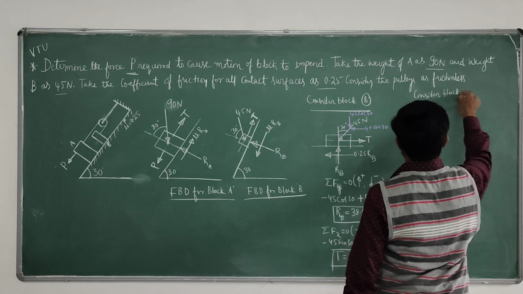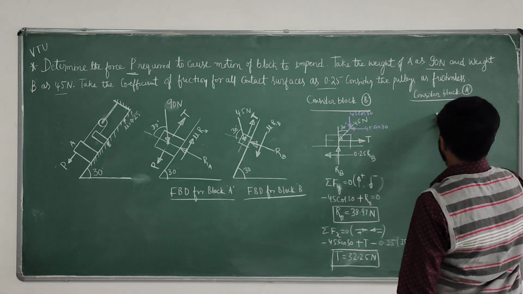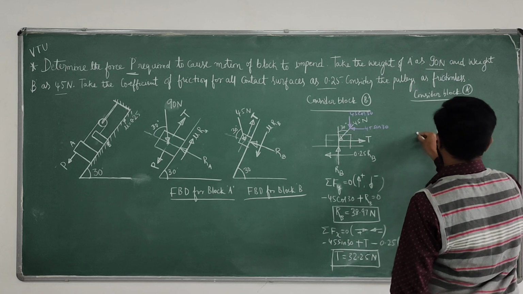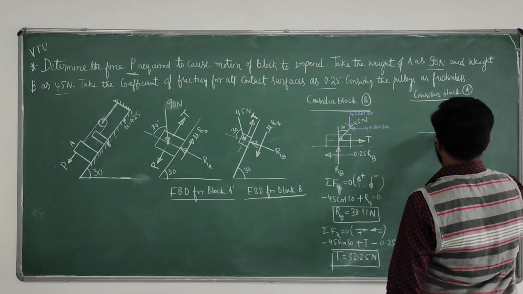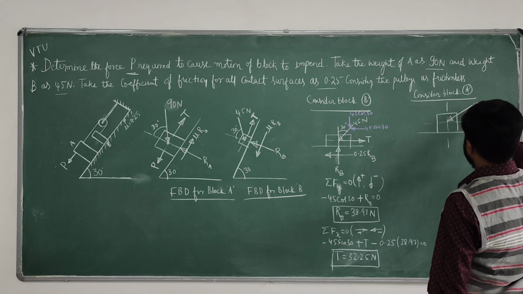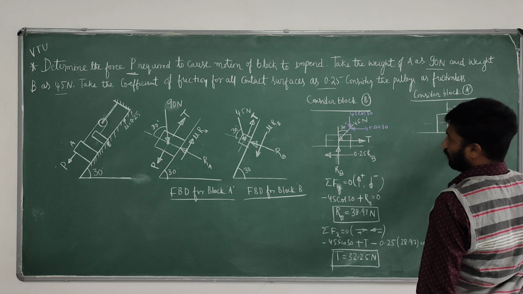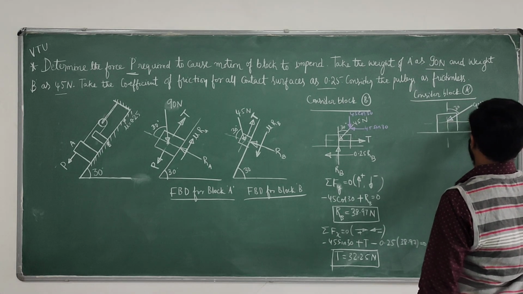Now consider block A. Consider free body diagram of block A. This is weight A. Weight A is 90 Newton, and the angle of inclination is 30 degree, and we are having T value. T, one more T, tension.